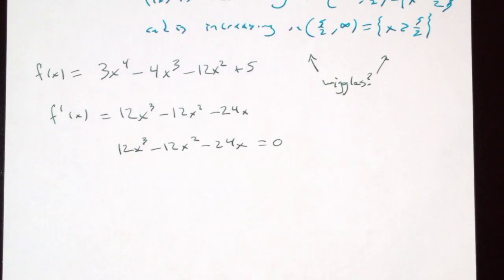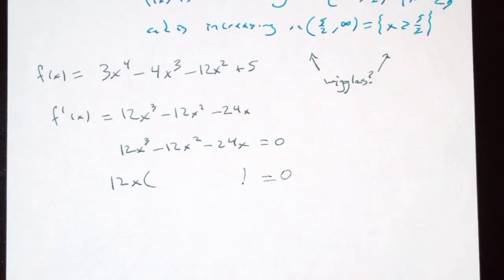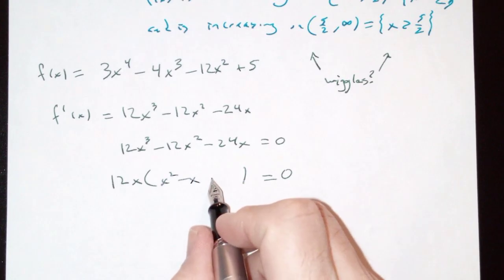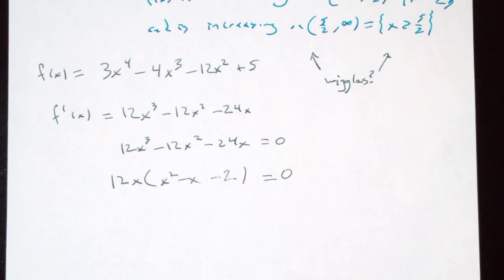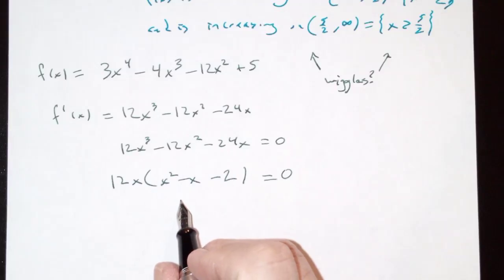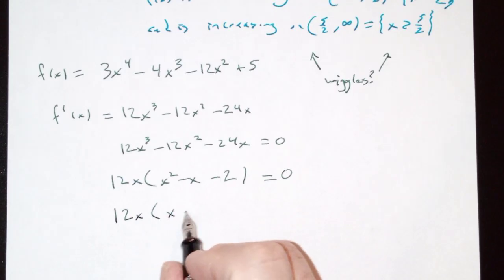Fortunately for me, what do I know about all the coefficients? Well, the variables have an x. What about the coefficients? They all have a 12. So I can take a 12 and an x out of that. What's left behind? And that, again, I can factor. That's a quadratic. If I can't factor it, I could use the quadratic formula, right? But in this case, I can factor it.